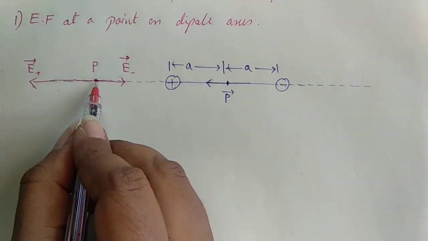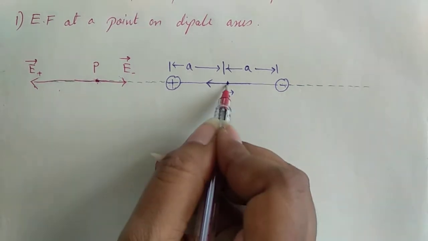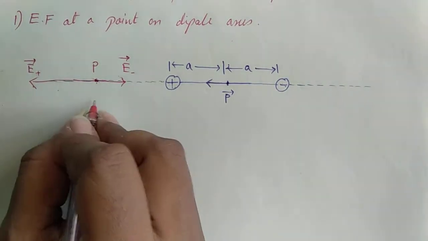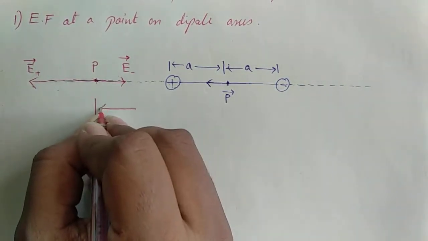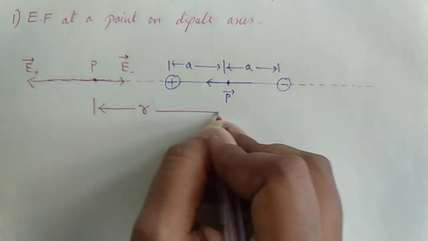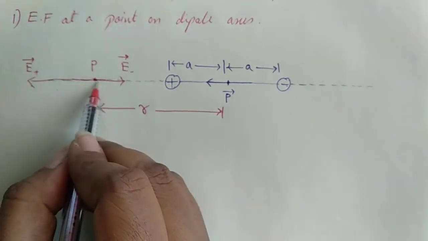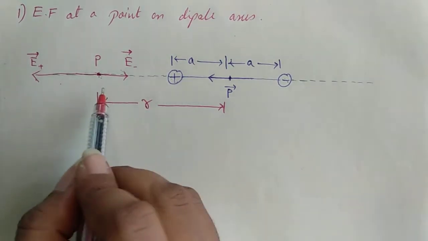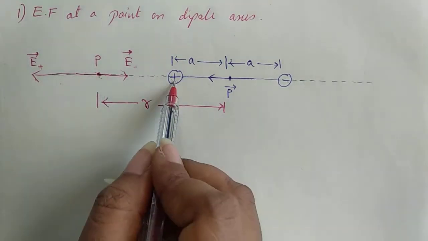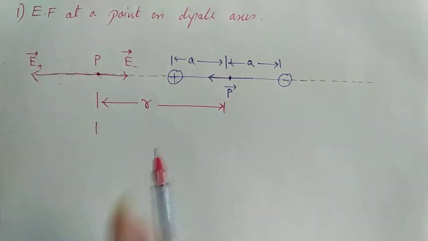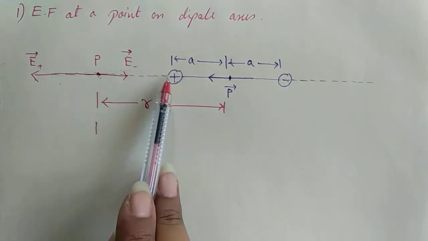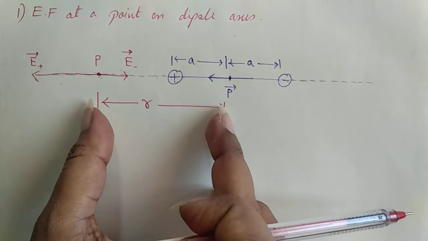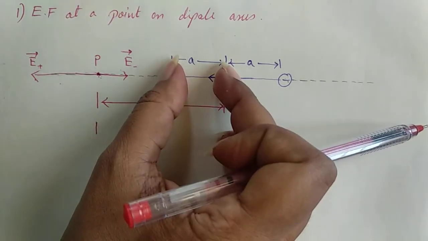Now the distance of this point P from the center of the dipole is, suppose, small r. So this is the distance of point P from the center of the dipole. Now I'll draw the distance of point P from the positive charge. If you see the figure, what is this distance? It is small r minus small a.